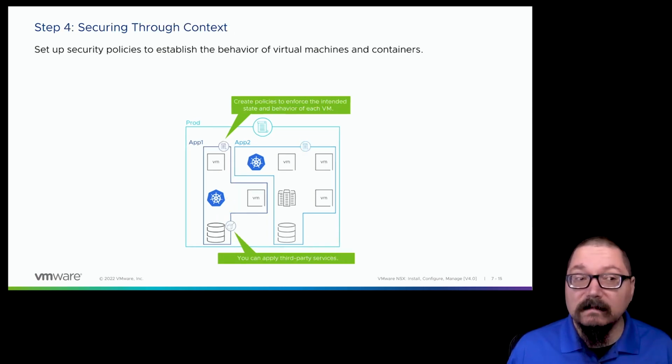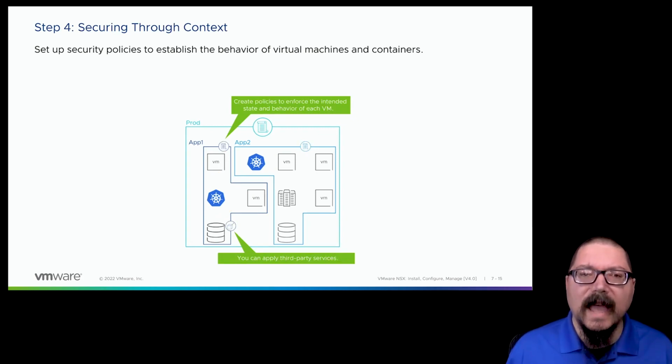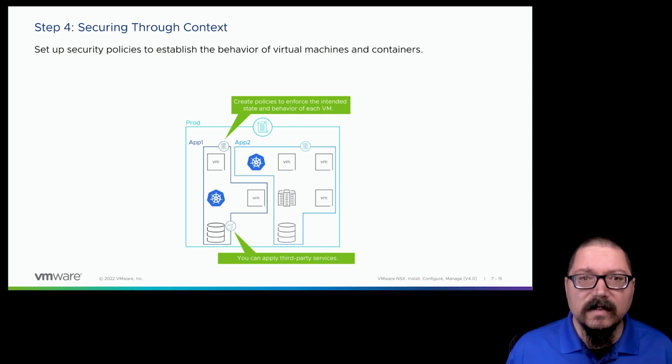Once we've got that, well, then we secure through context. What does that even mean? We're already secured, right? Securing through context simply means now we're going to add in additional security tools, intrusion detection and prevention, malware prevention, other things like that, on a component by component basis, right? Do I need these things on my middleware, or would maybe my front end web server suffice?